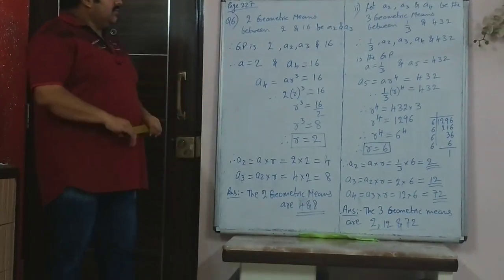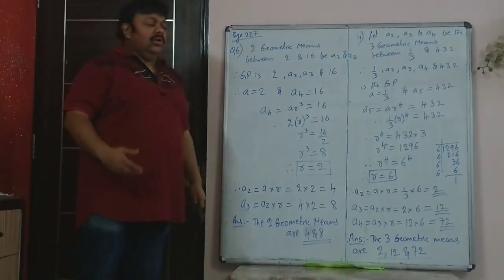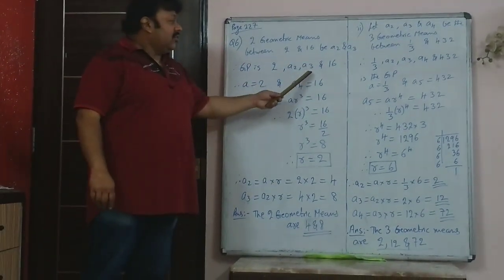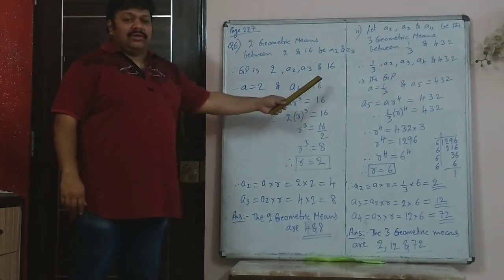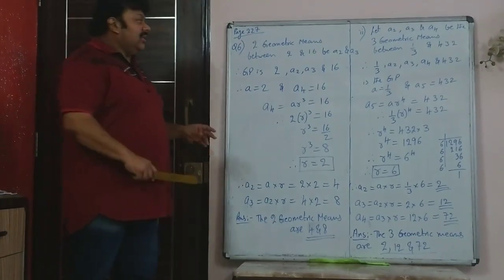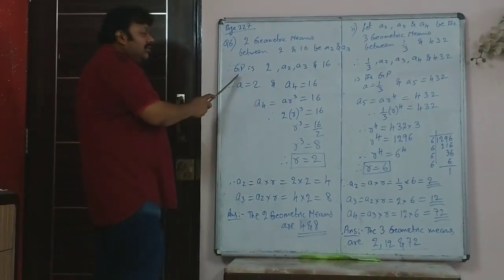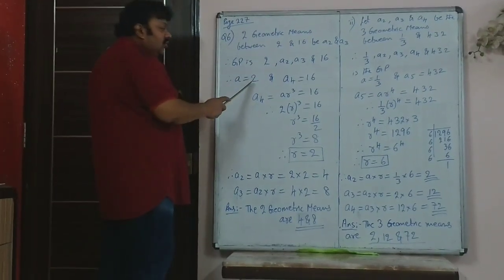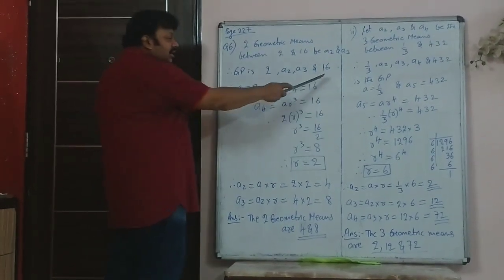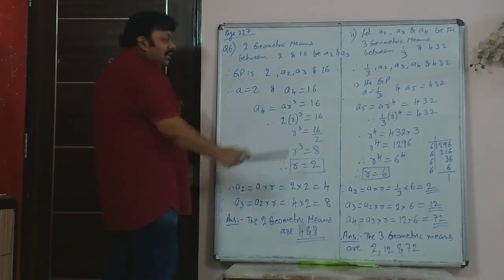So now in these sums, in sixth sum, two parts, in the first part they have asked you to put two terms between 2 and 16, so that all of them are in GP. Geometric mean means the numbers all should be in GP or geometric progression. So A is 2, and the fourth term is 16, let the two terms in between be A2 and A3.